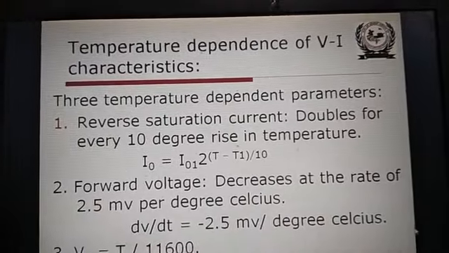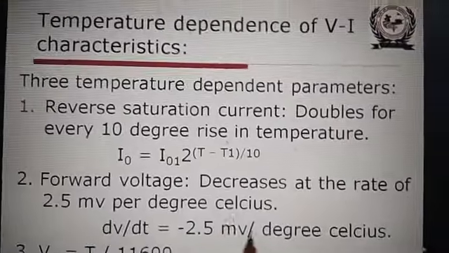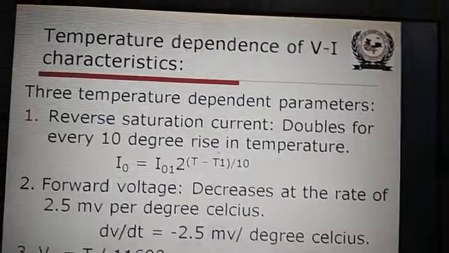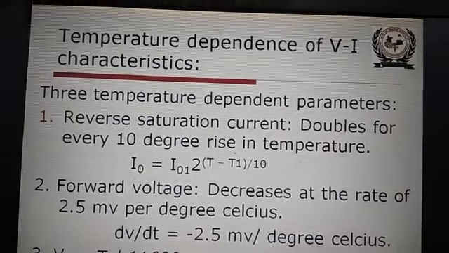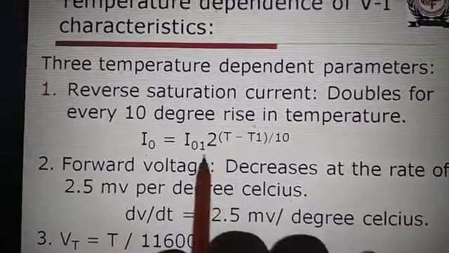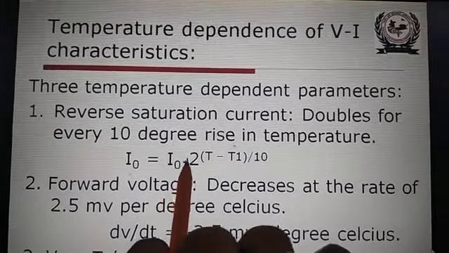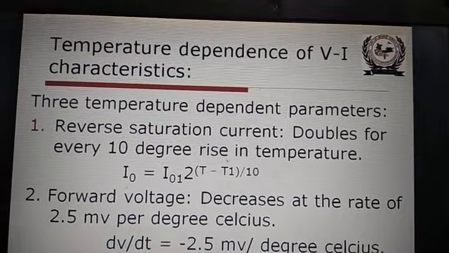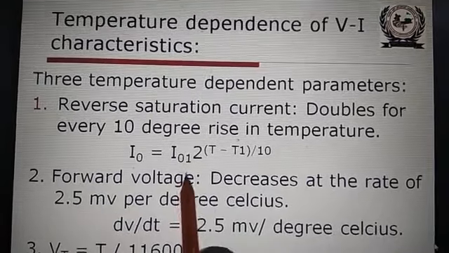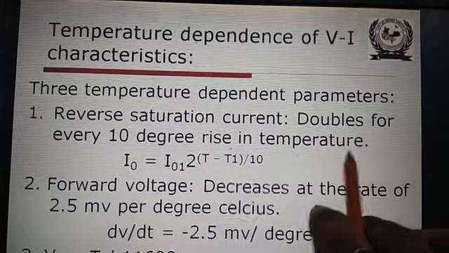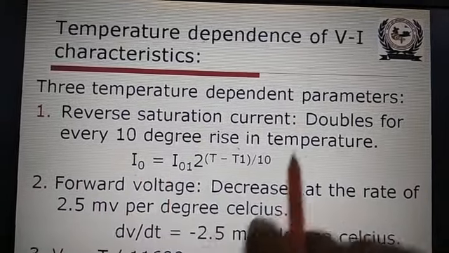Now, what is the temperature dependency of the VI characteristics? It is also very important. It is well known that the reverse saturation current, I naught, is temperature dependent. It doubles for every 10 degree rise in temperature.